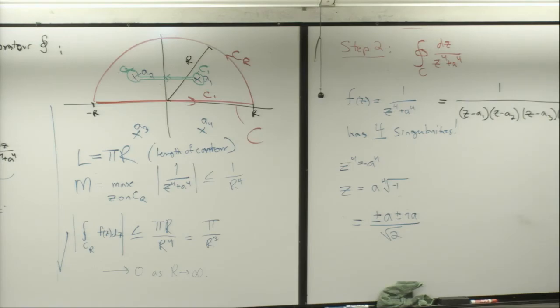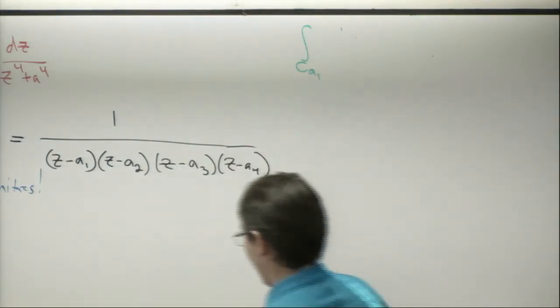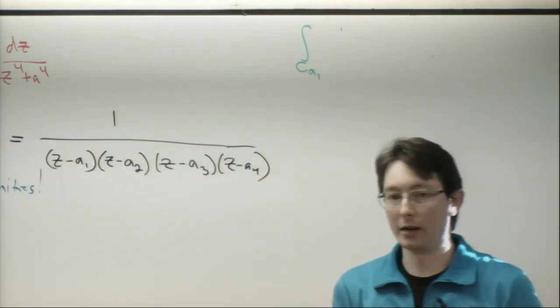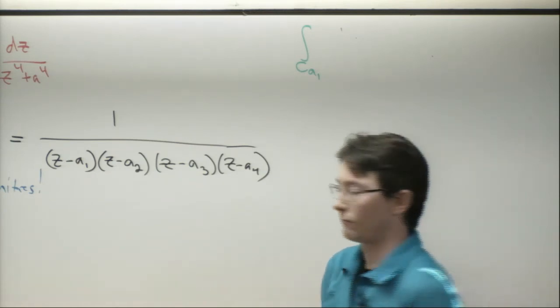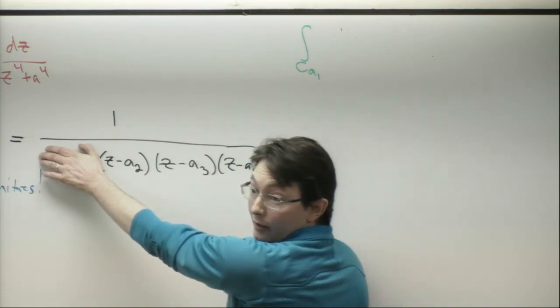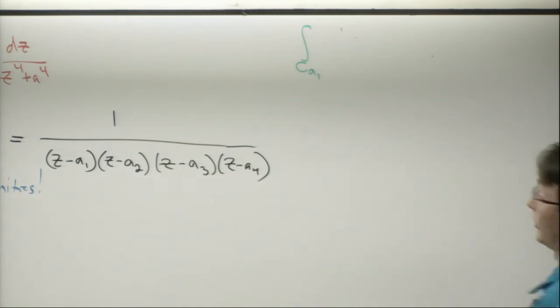So my contour integral around A1. What part of this function is analytic near A1? Everything except for that. This part of the function is analytic at A1. Okay, so by Cauchy integral formula, I'm going to write this down.